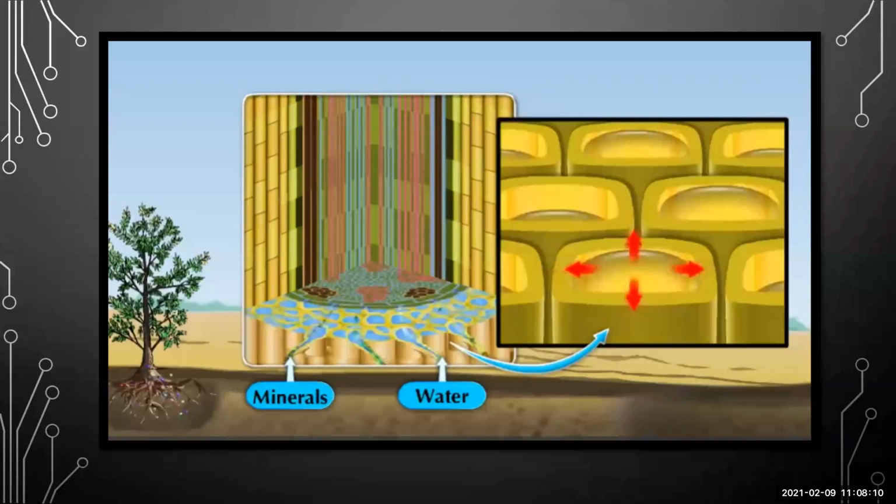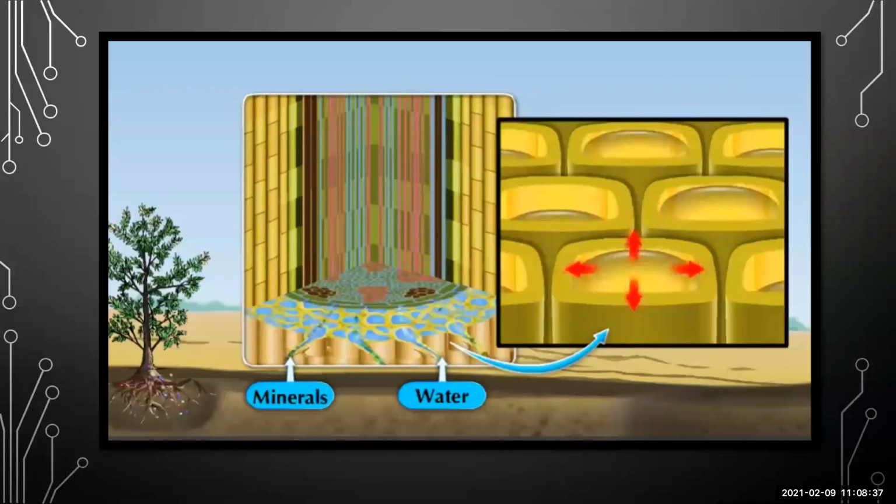Now root cells are in contact with the water and minerals in the soil. We can see here water and minerals enter the cell on the root surface due to the difference in concentration.